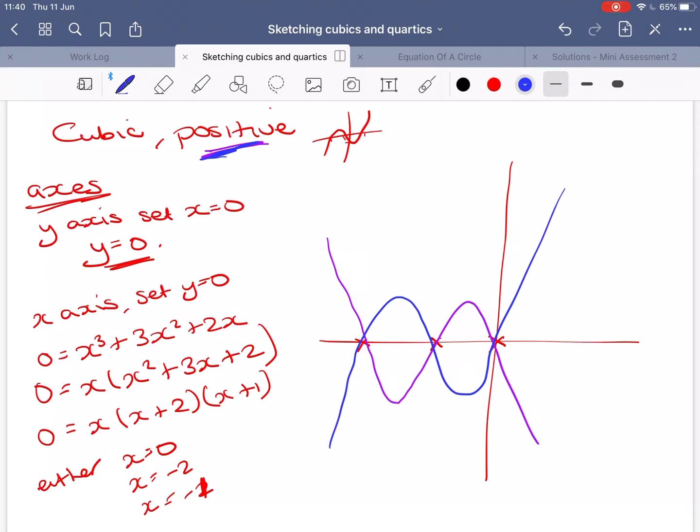Positive cubics start in the bottom left, come up, down, and then go up to the top right. So I know that the purple is incorrect, the blue is the right one. So that's how I should have drawn it. Okay, and I need to put my information on my graph. I knew it crossed at minus 2, minus 1, and the origin, and there's my perfect sketch.